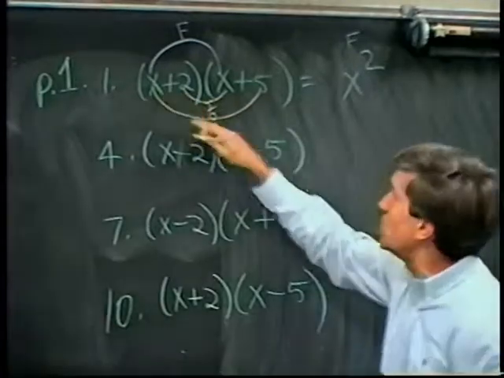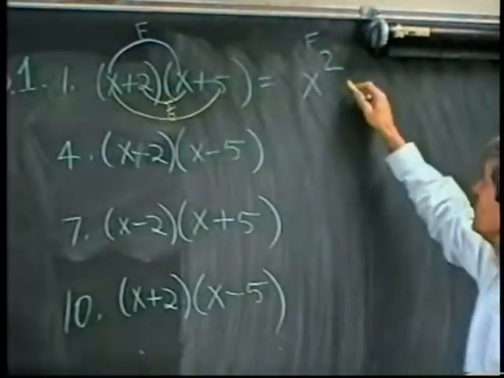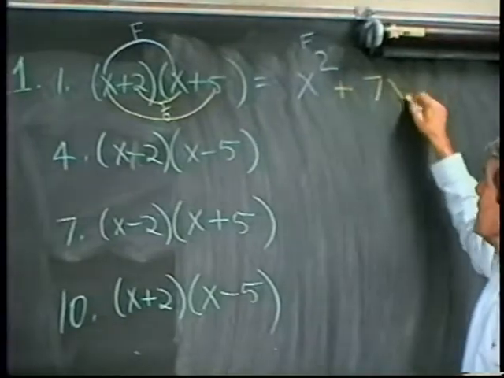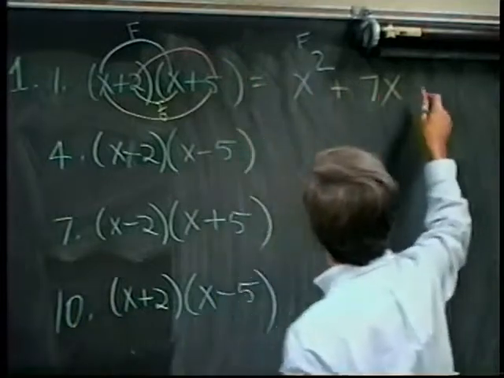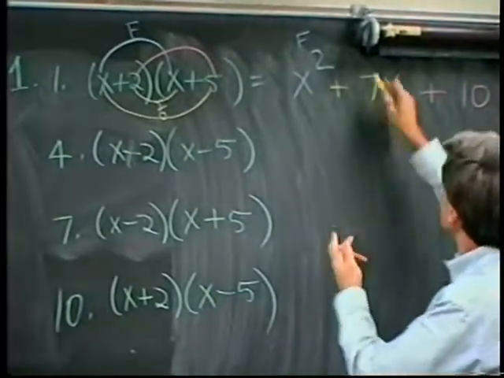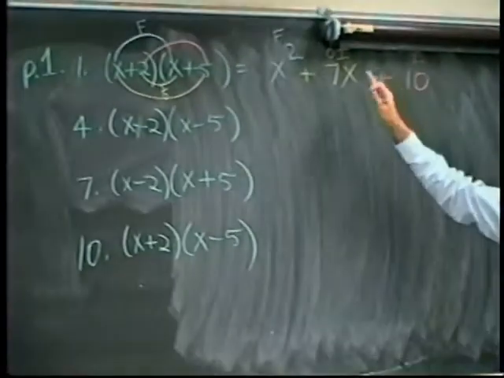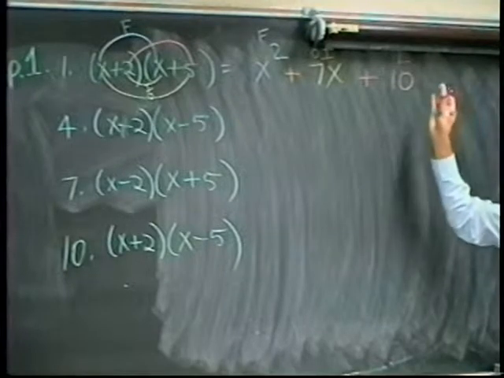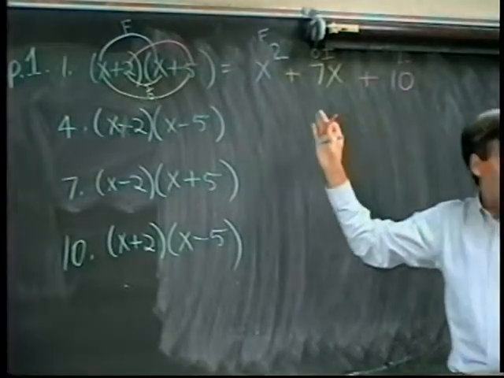Now what's the O and the I? 5x and 2x, which would be what? Plus 7x. And then the last times the last, which would be plus 10. So we've got F, OI, L. Remember, that's my 3-letter word, FOIL. F, OI, L.